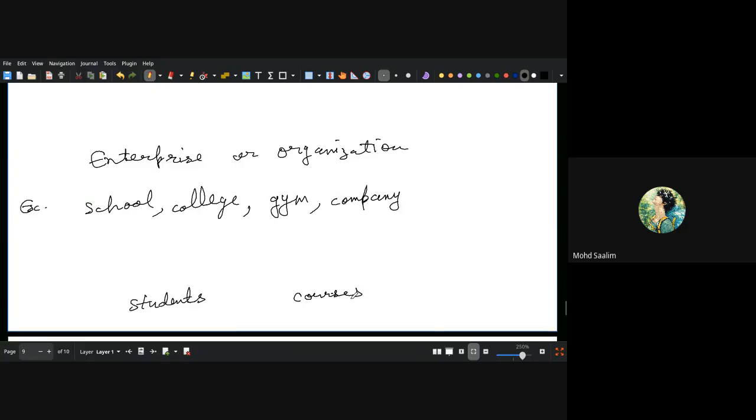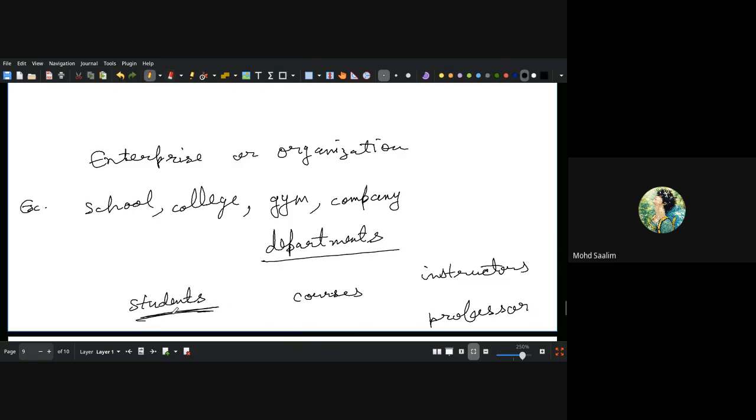So a lot of courses are offered by your college, by your university, right? In different departments. Departments can also be an entity in itself because there are a lot of departments, right? There can also be an entity called instructors. There can also be an entity professors. For example, in our BS degree, we are the students.